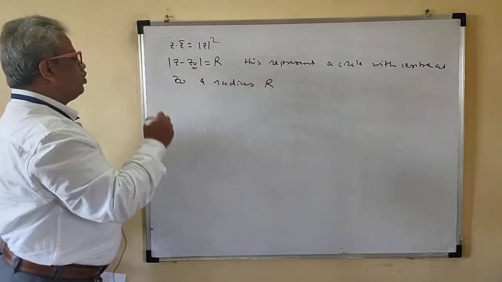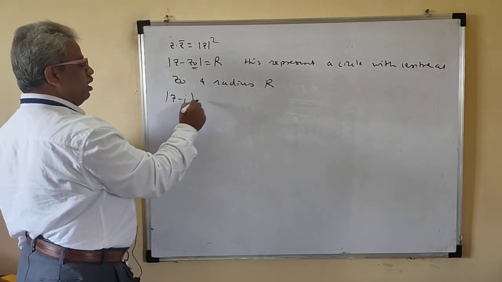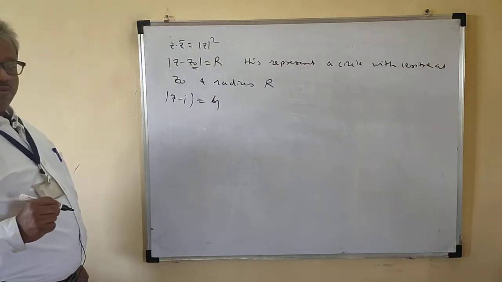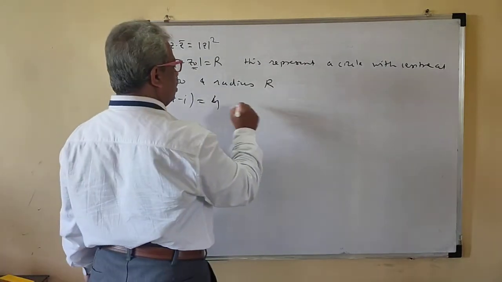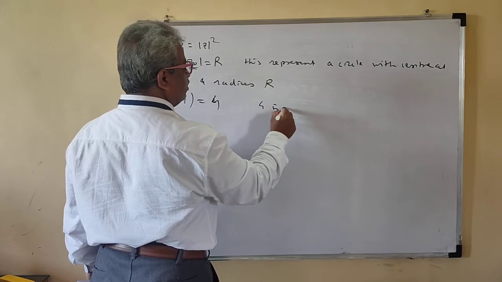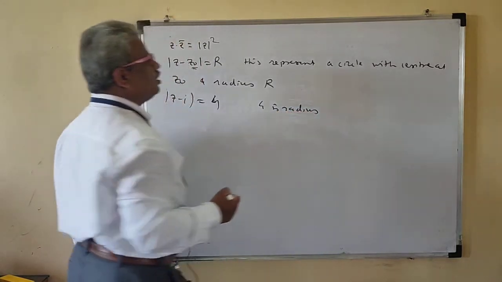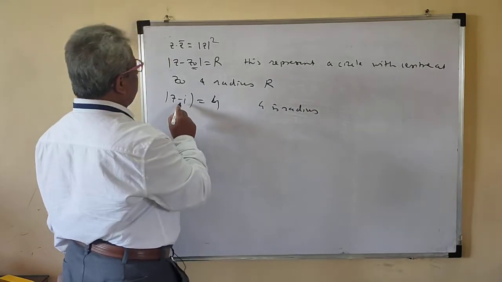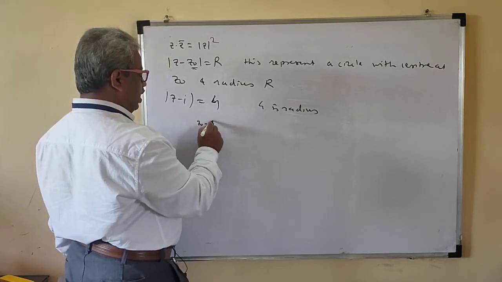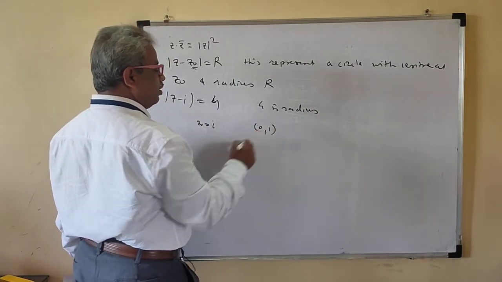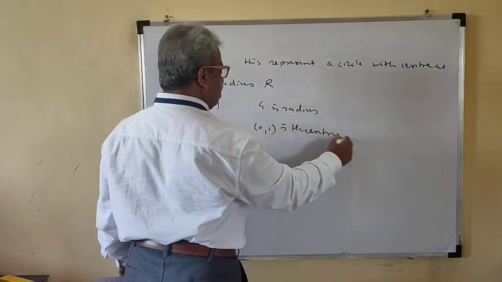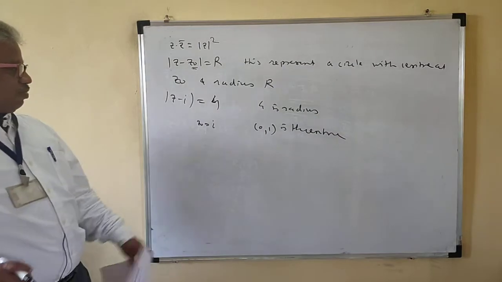Okay? Suppose you have mod of Z minus i is equal to 4. So 4 is the radius of the circle, and this is Z minus Z naught, so your Z naught is i now. So 0 1 is the center of the circle.